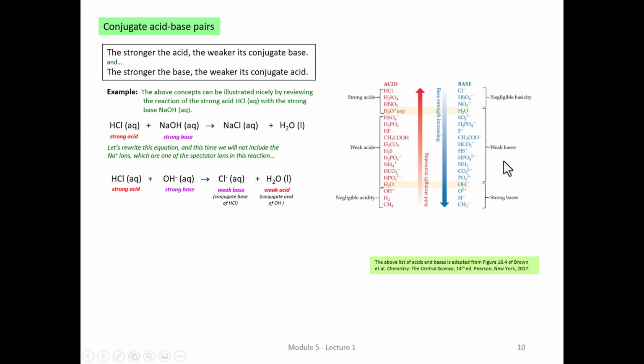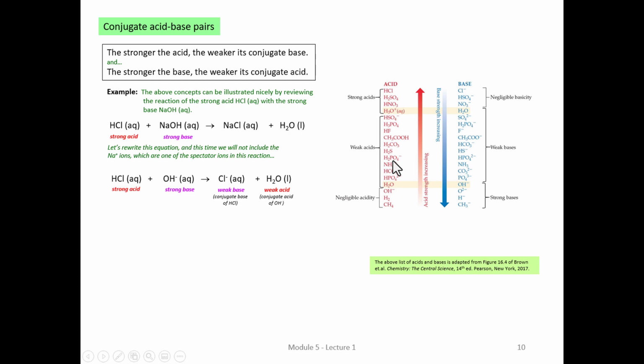Well, what's something else that's on both lists? Well, here is H2PO4-, that's dihydrogen phosphate. When it acts as an acid, which means it would donate an H plus and form its conjugate base, HPO4 2-, it's a weak acid.